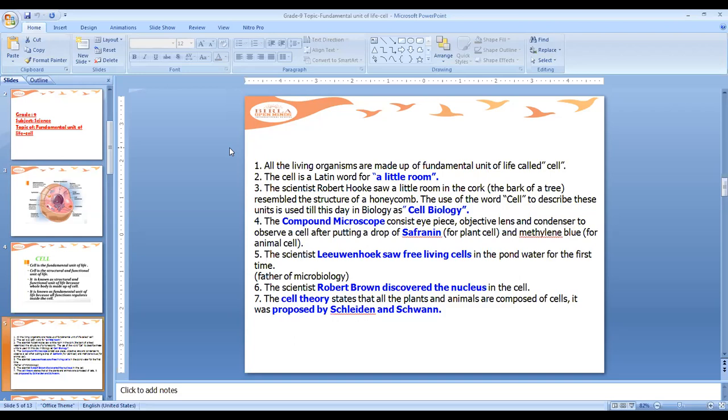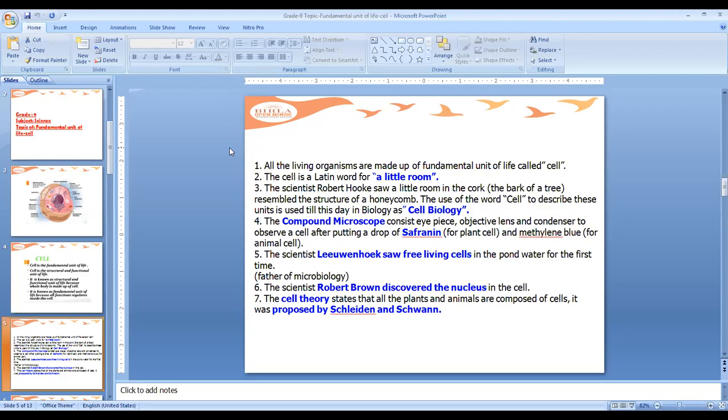In which thing did he first see this cell? He kept a small part under a microscope. What is that thing which he took to see under a microscope? Can anyone tell me? Compound microscope.